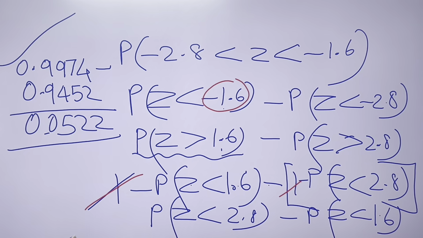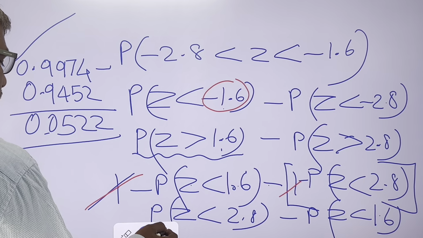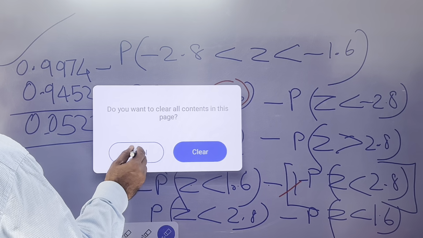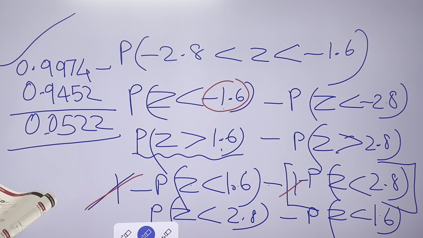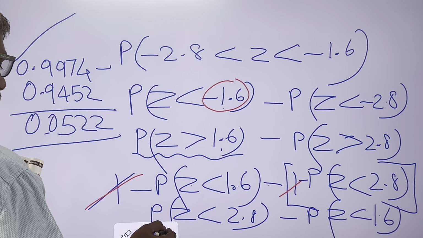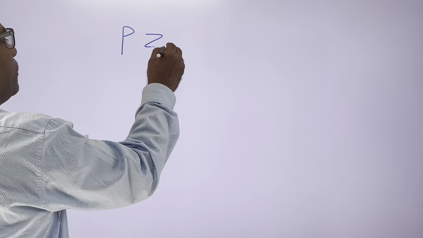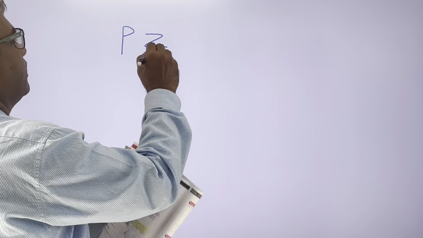Now exercise 2, we will do only a few sums. Copy down fully. Exercise 2, we will see how to do it only, because you already learned from the exercise.